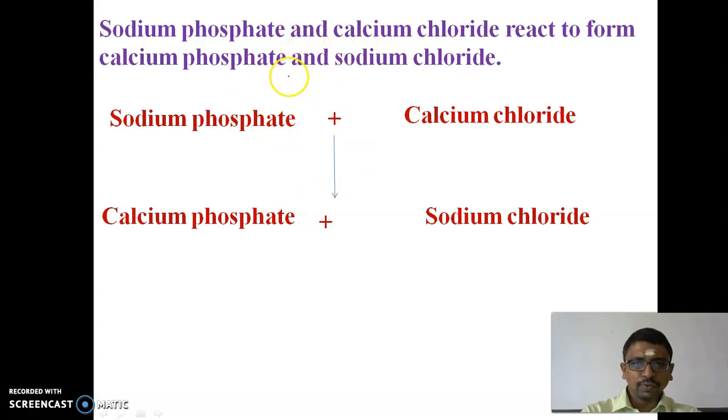Now we have to convert this word equation to a skeleton equation, that is, into chemical formulas. Sodium. What is the formula for sodium, children? Na.